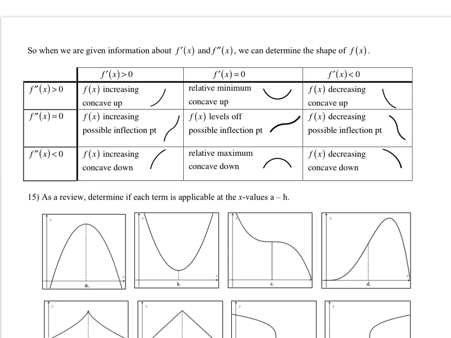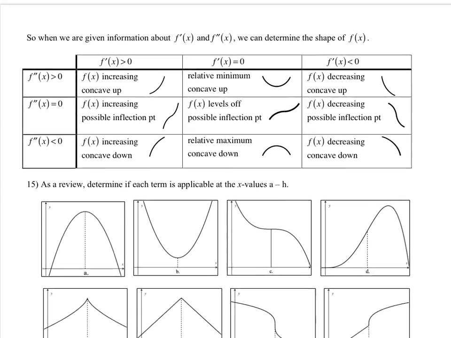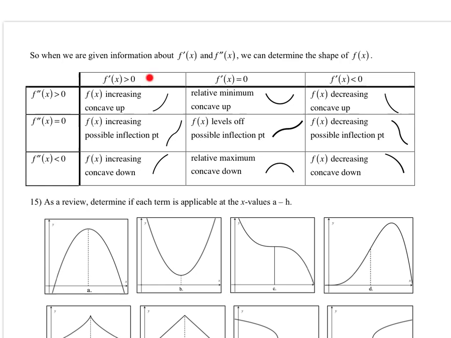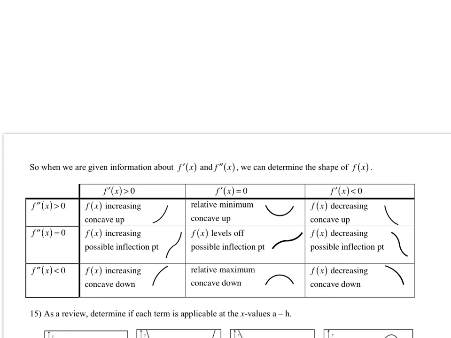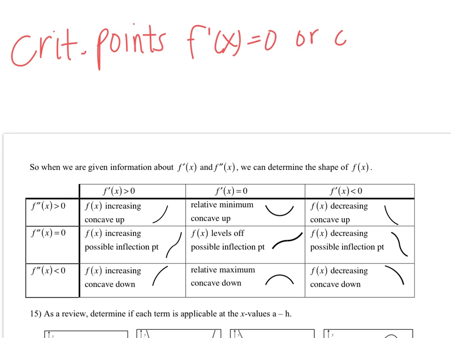On this page of the manual, page 115, you've got a super handy table that summarizes everything we've talked about. Remember, we've also talked about critical points, which is where f prime of x is equal to 0 or undefined.